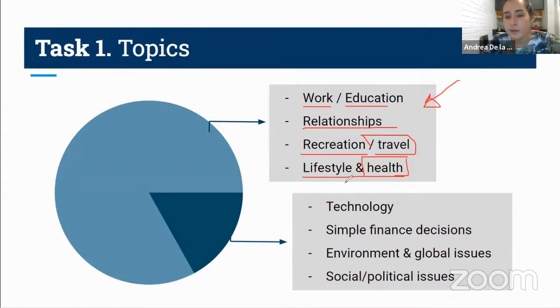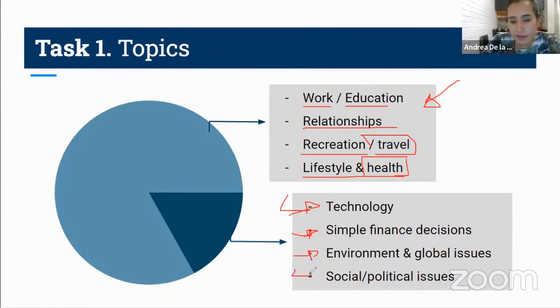And sometimes they ask you about maybe more complicated topics like technology, maybe the effects of social media, maybe if you prefer tablets over computers. Sometimes they ask you about finance decisions, like do you prefer saving your money or maybe spending it all right away? Sometimes they ask you about the environment and global issues like maybe violence, maybe pollution.